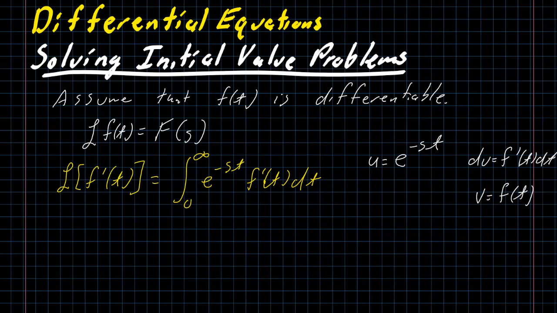So we choose f prime to be our dv because figuring out how to integrate a derivative of a function is really easy. And then du, well, that would be minus s times e to the minus st. I almost have room for the dt in there.